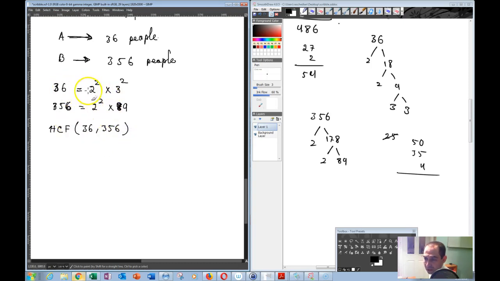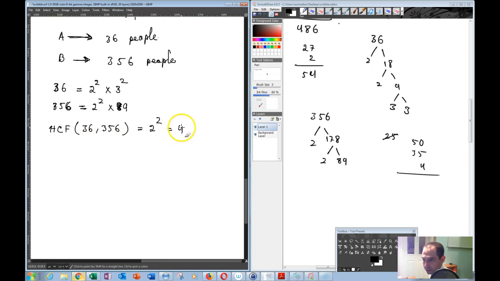The common factors between these two numbers: you have a factor of 89 here, a factor of 3 here. They're not common, but you have two factors of 2 here and two factors of 2 here. So I can take 2 raised to the power 2 out from these two numbers, which is equal to 4. That's the HCF, the highest common factor of these two numbers.